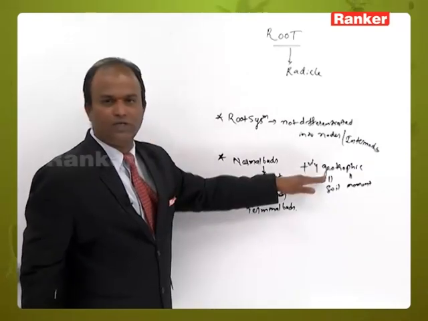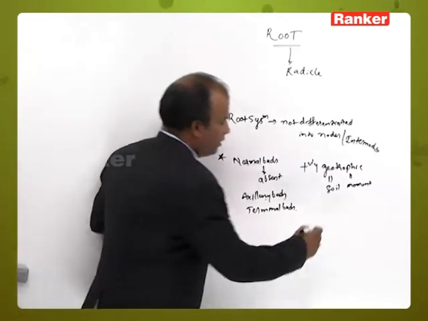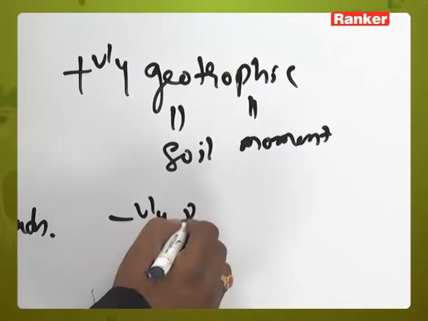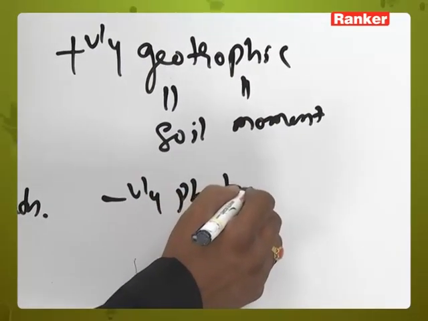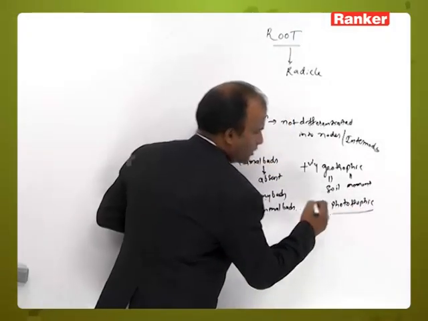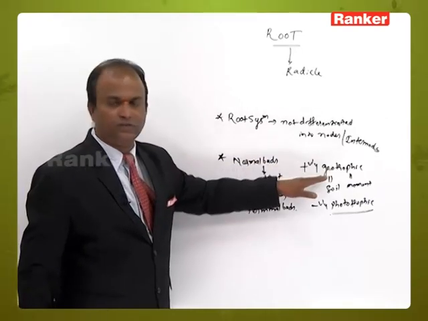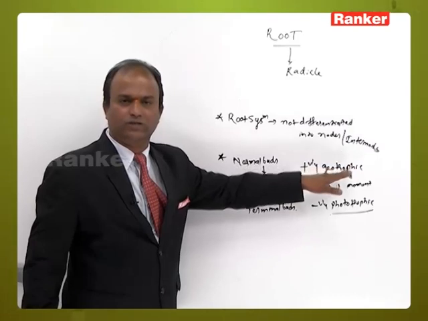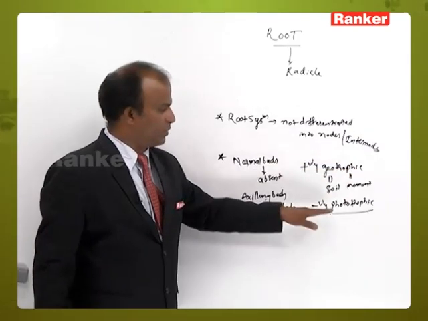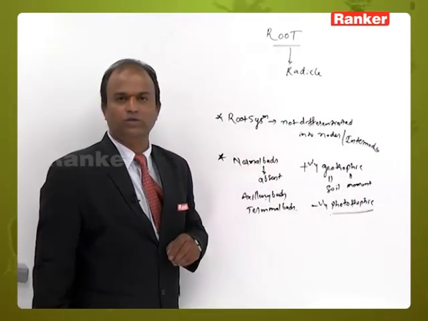Is it also negatively phototropic? Yes, it also grows negatively phototropic. That means the root system always grows towards the soil.